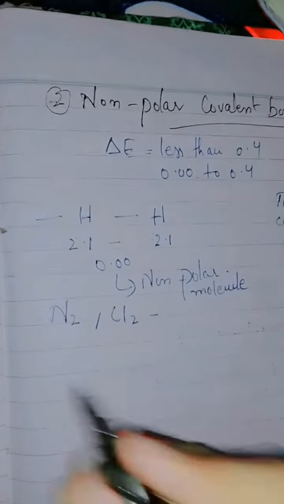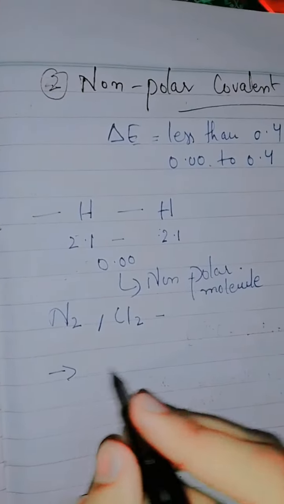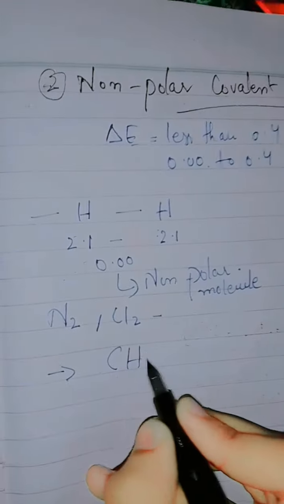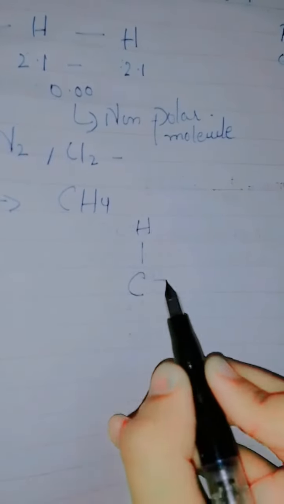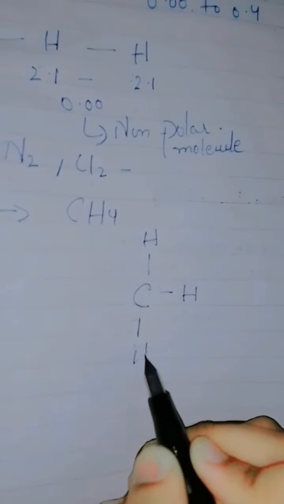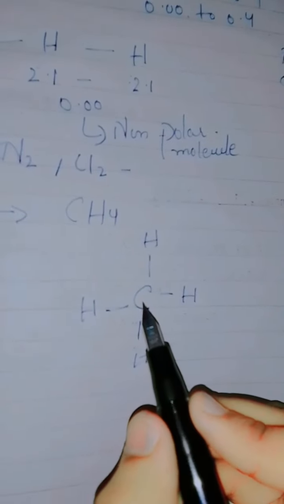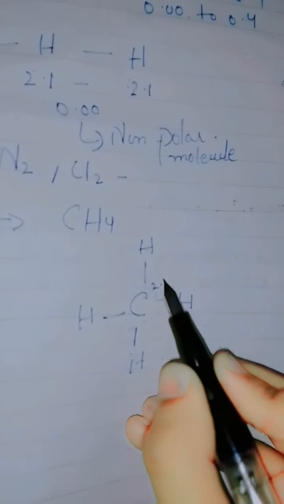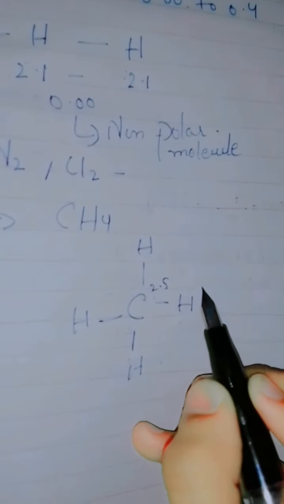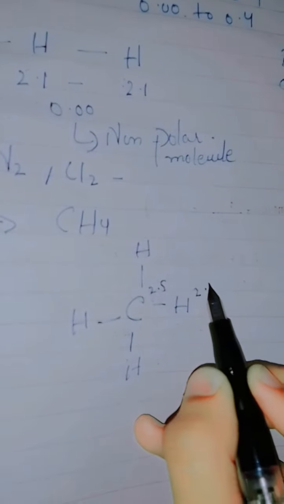If we talk about a hetero molecule like CH4, carbon, if I make a bond, I have 4 hydrogen. So the electronegativity of carbon is 2.5 and electronegativity of hydrogen is 2.1.